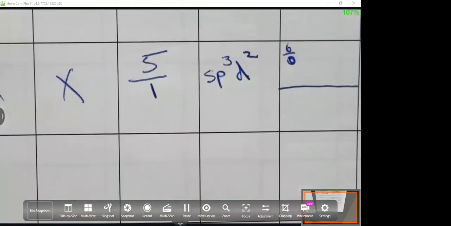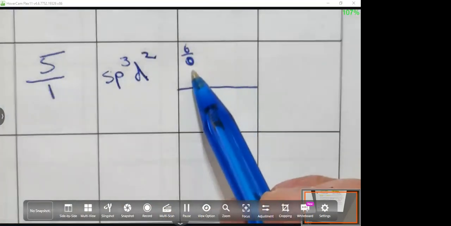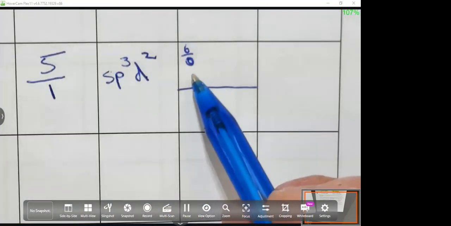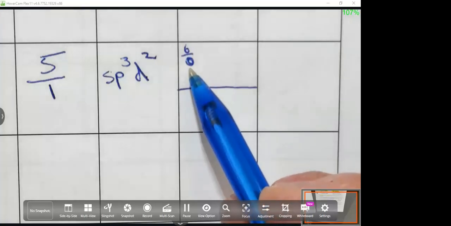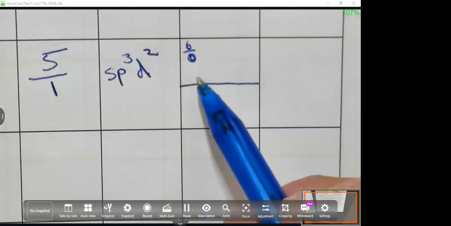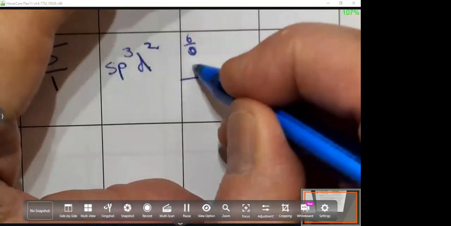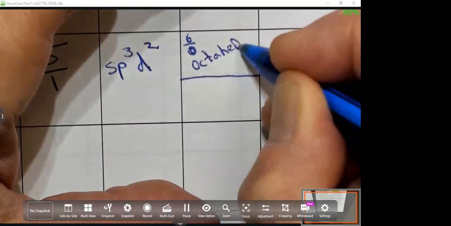For electron pair geometry, you're just looking at how many pairs, and to get the exact arrangement on your blue sheet, you just slam a 0 in every time. Electron pair geometry is going to be a 2, 0, 3, 0, 4, 0, 5, 0, 6, 0. So for a 6, 0, my electron pair geometry is octahedral.